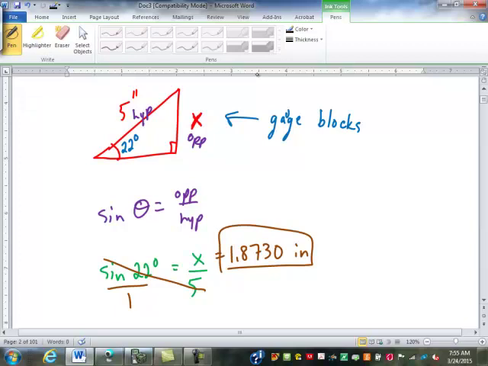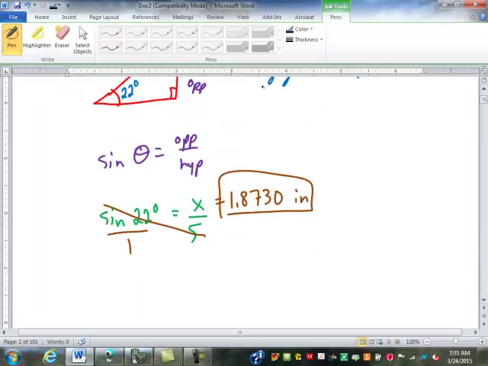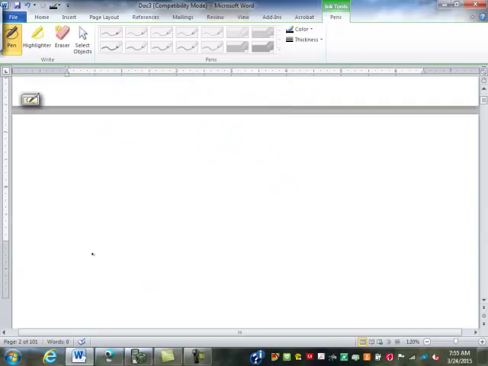Now, many times we want an angle a little bit more precise than 22 degrees. What if we want an angle here that is 18 degrees, 40 minutes?